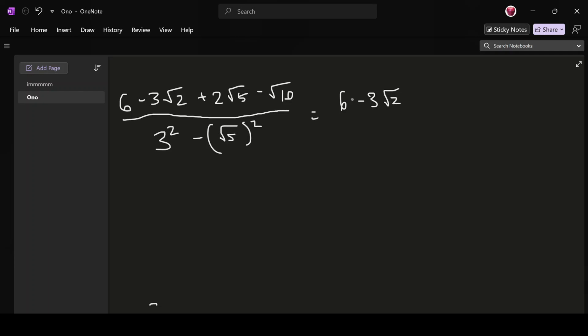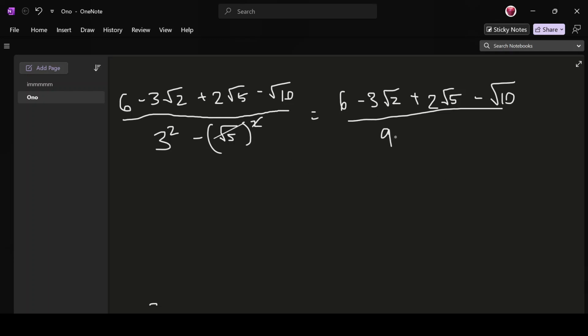So we just rewrite it. 6 minus 3 root 2 plus 2 root 5 minus root 10 over 3 squared, that is 3 times 3, which is 9, minus square root of 5 squared. You can just cancel the square and the square root, so we're just left with 5.